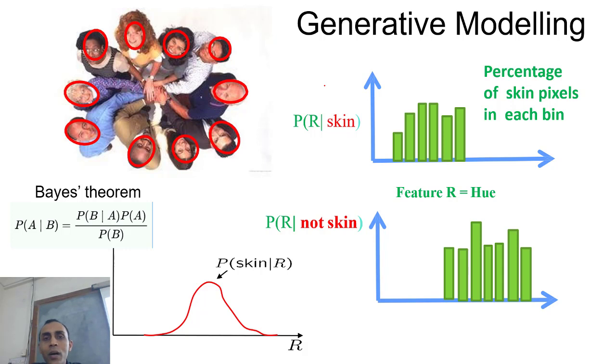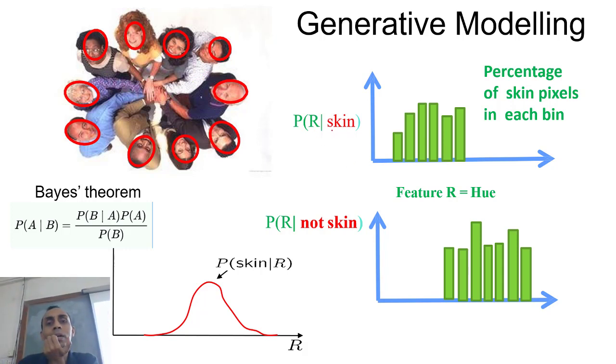but I'll just give you a basic idea how to segment out skin regions. You basically take some sample images in your database. You need to mark skin regions manually and then generate a probability distribution.